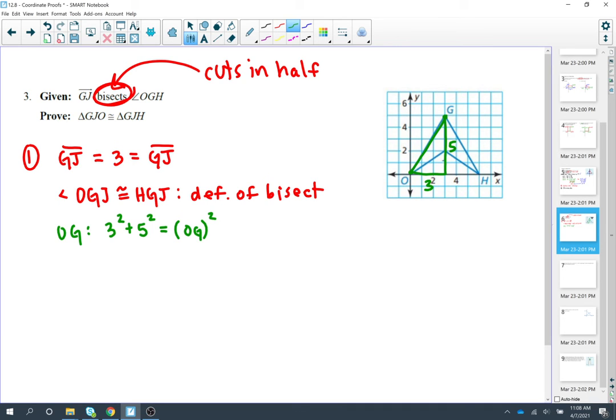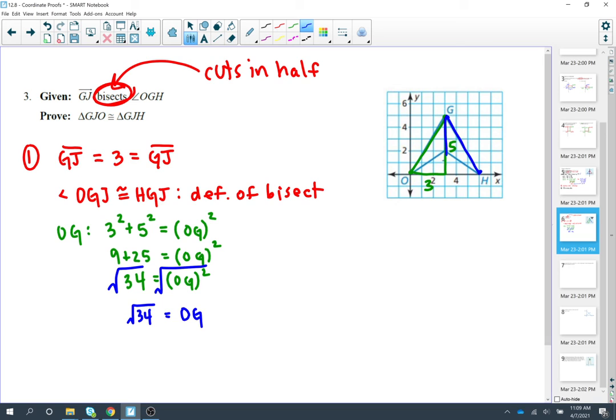A squared plus B squared equals C squared. So this is 9 plus 25 equals OG squared. This is 34 equals OG squared. Then if we take the square root, I'm just going to leave it as the square root of 34 equals OG.